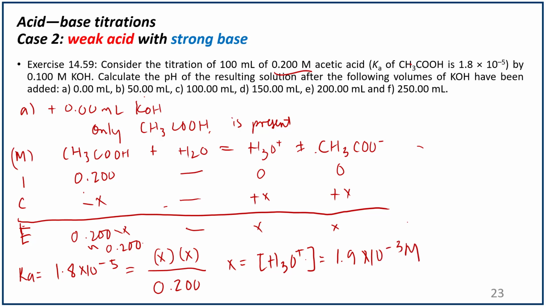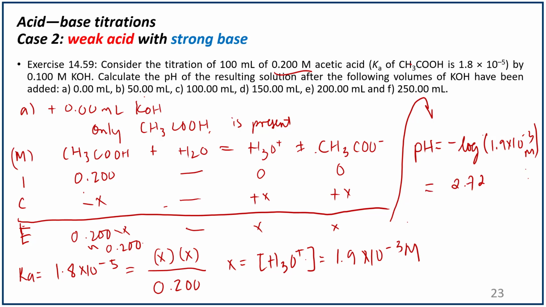Okay, and then from there, you can get the pH by just getting the negative log of the hydronium ion concentration. So pH is equal to negative log of 1.9 times 10 to the negative 3, and that should be equal to 2.72.